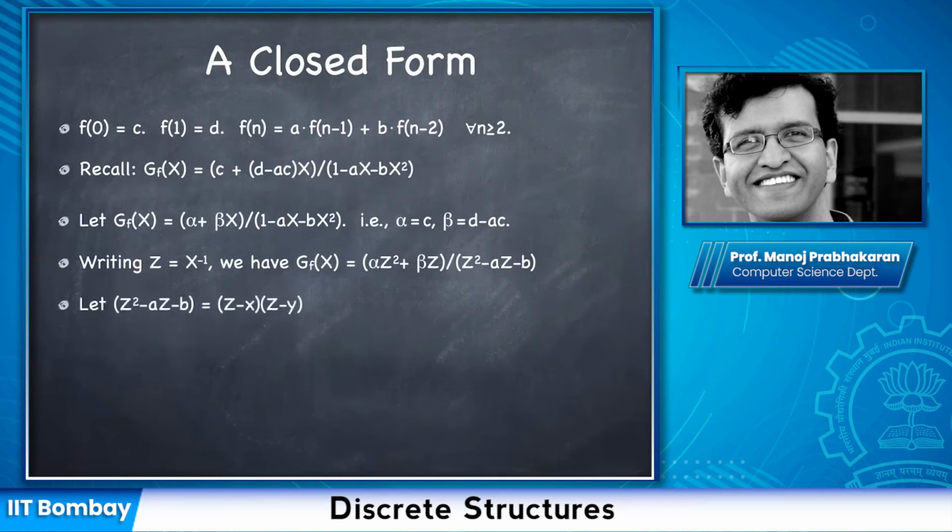Okay? So we can always factorize a quadratic expression over complex numbers as a multiple of two linear expressions: z minus x times z minus y, where a is x plus y and minus b is x times y.